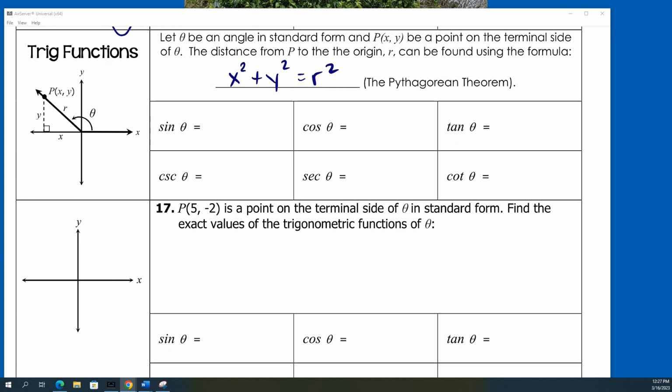So when we are doing the stuff today, we're not necessarily going to do SOHCAHTOA, even though it ends up being the same exact thing. We're going to use a different set of rules that use the x, the y, and the r. So if we have a point and we want to find the sine of the angle formed from that point, all we're going to do is take the y and put it over the r.